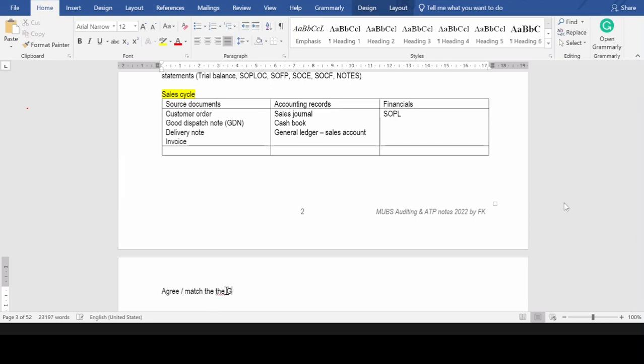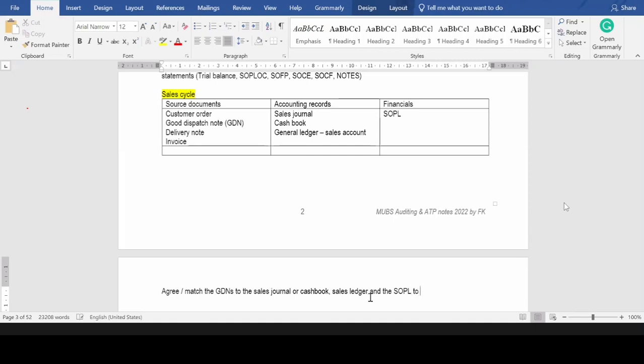The goods dispatch note, the sales journal, cash book, sales ledger, and the statement of profit or loss.